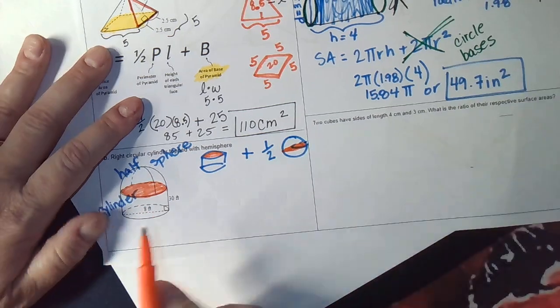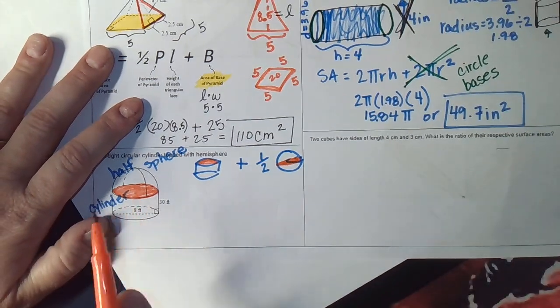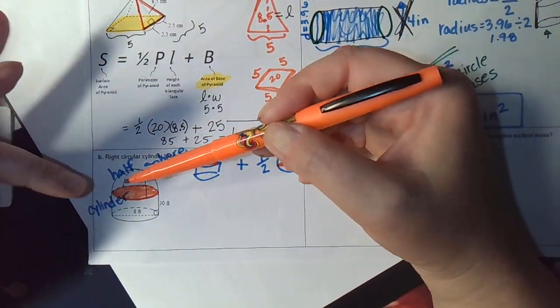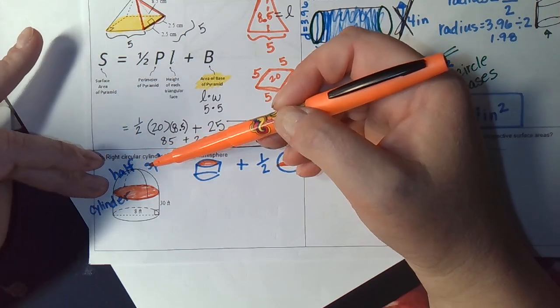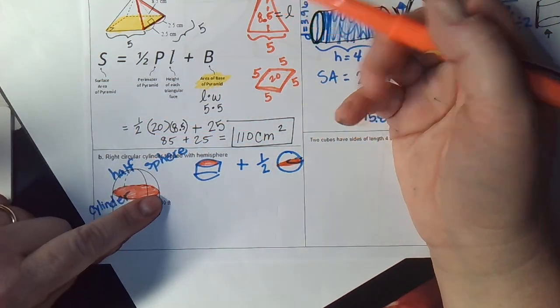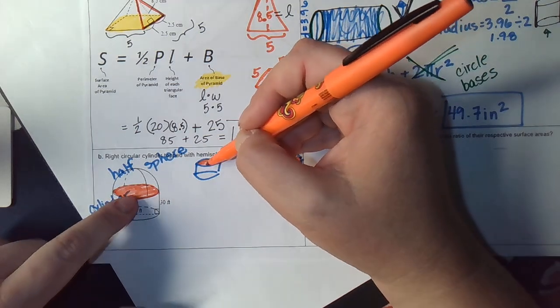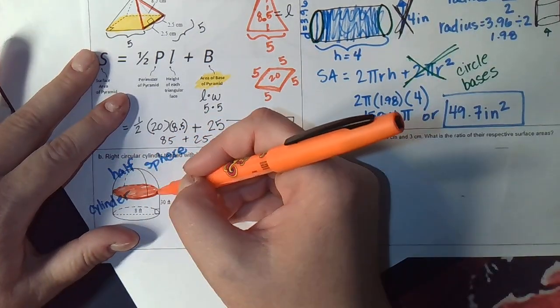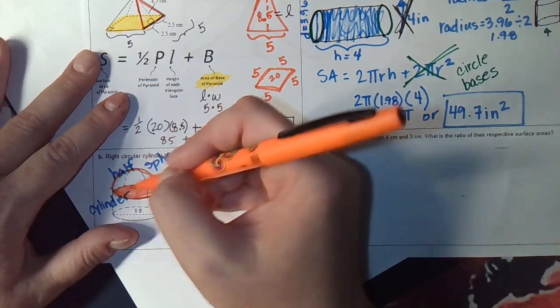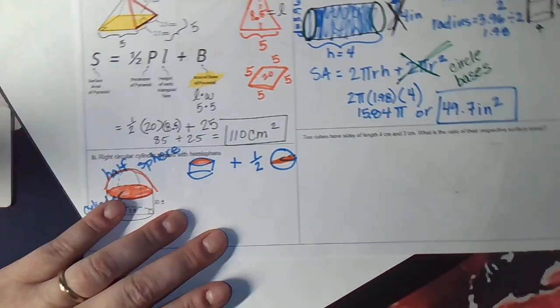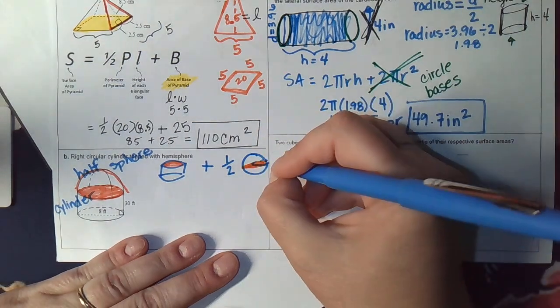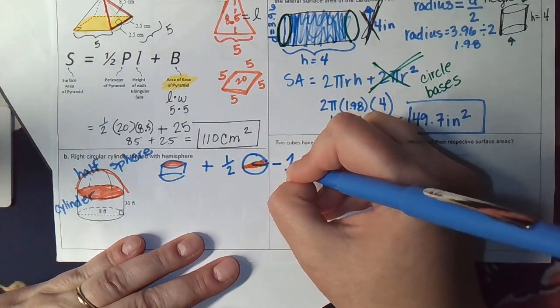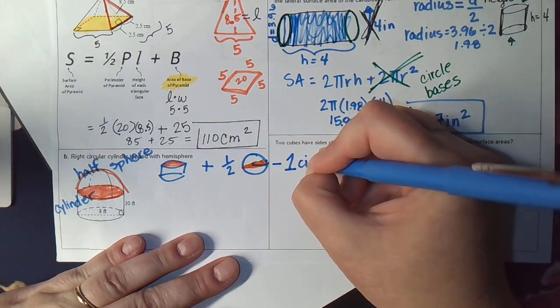So this little orange shape that I just shaded in, it's counted twice in the surface area. It's counted once because it's the top of the cylinder, and then it's counted again because it's the bottom of this basketball. So we need to subtract off one circle.